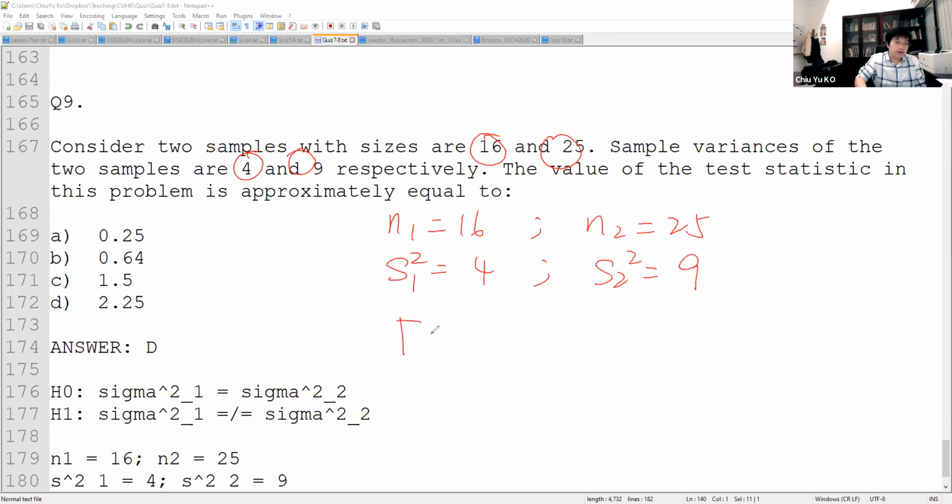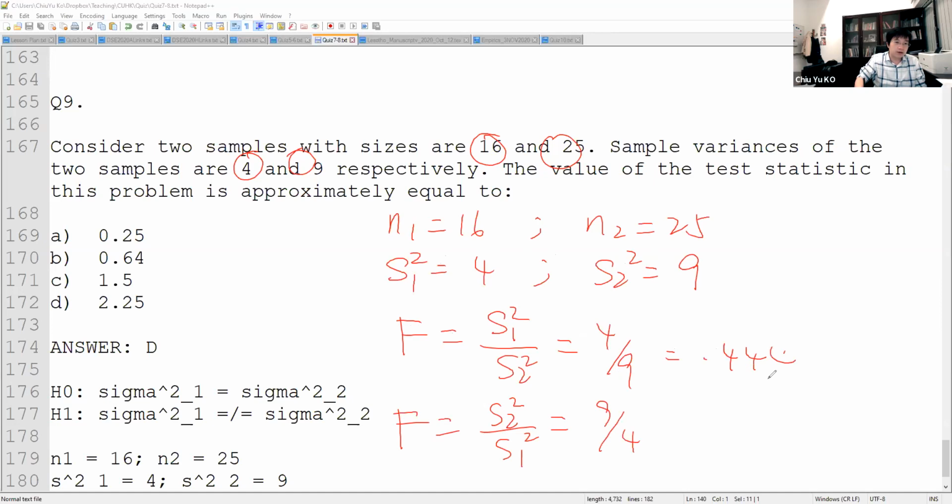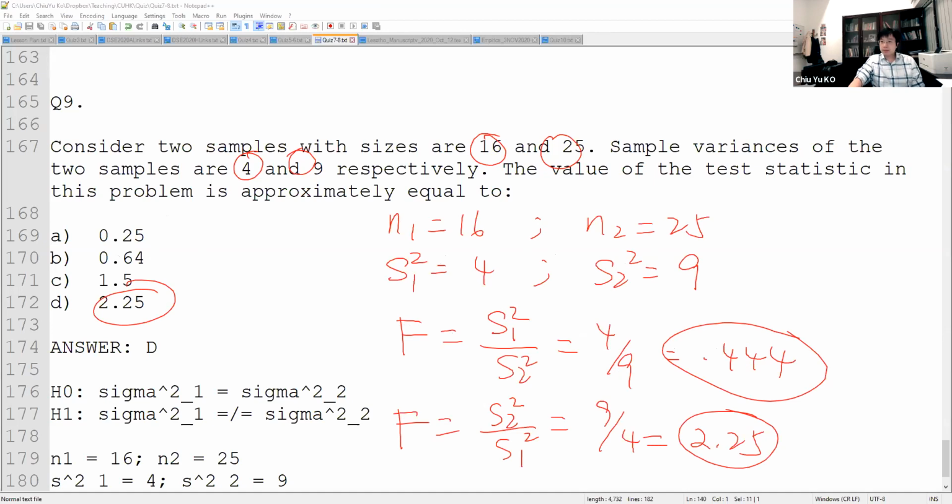F will be S1 squared over S2 squared, which is 4 over 9, 0.4444, or S2 squared over S1 squared, which is 2.25. You can do one way or the other, just fine.